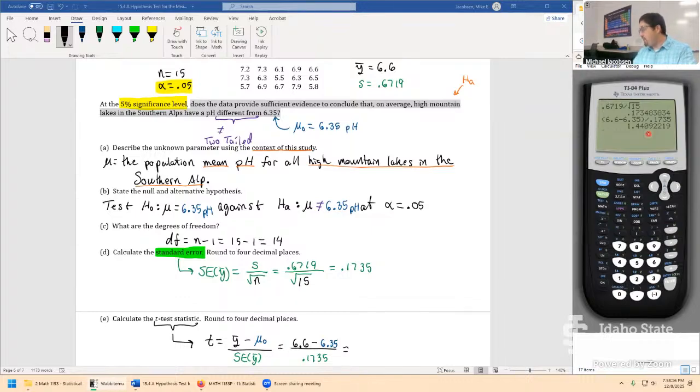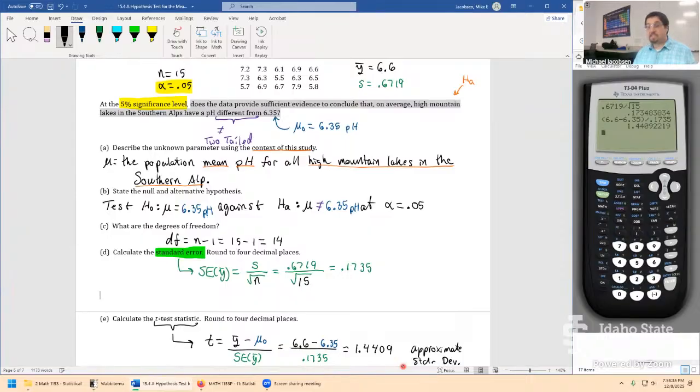Nonetheless, let's write down what we found, 1.4409. Now you don't have to put a unit on this one, but it's good to know that this is in terms of approximate standard deviations.